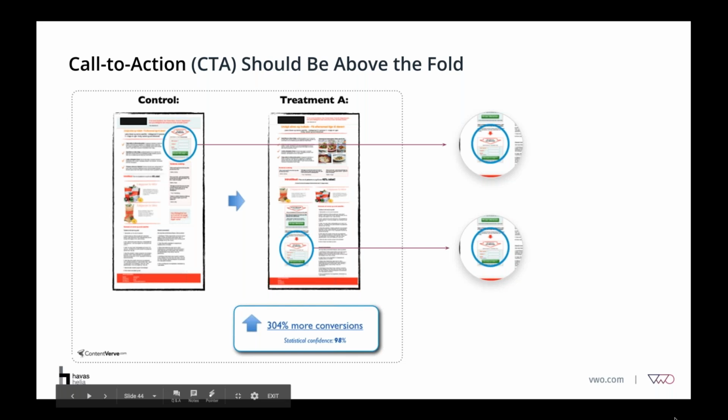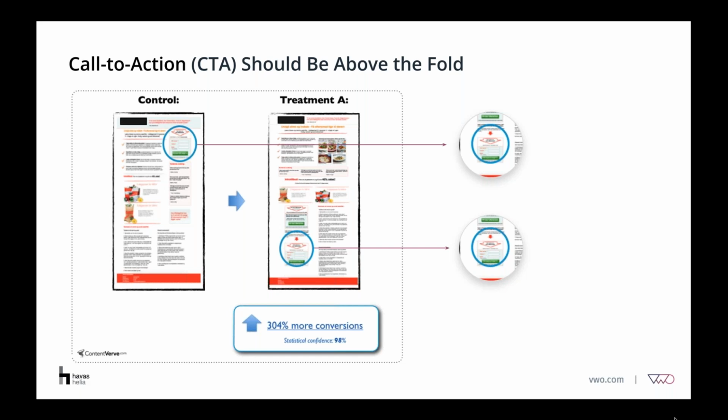So let's take another example, which I'm sure most of you must have heard, that every call to action button should be above the fold. That's something that we've all heard a lot of times. And again, in this case study by ContentWorks, they created two variations where one of their primary CTAs was above the fold and the other one was below the fold.